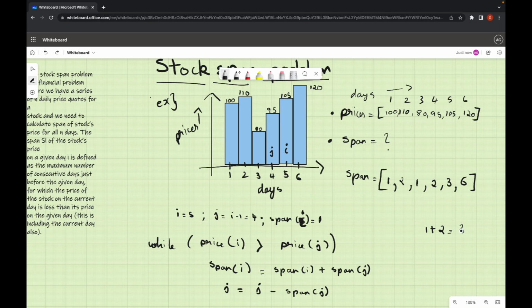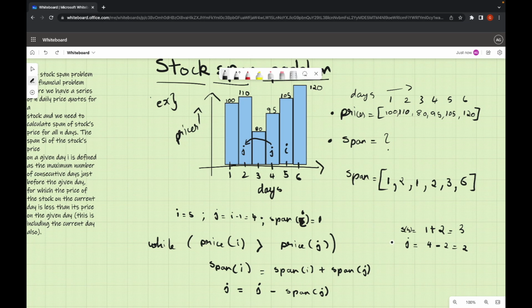So you get 3. And you jump your pointer: this is your span of 5 after the first iteration, and your j becomes 4 minus span of j, which is 2. Your j jumps from 4 to 2. This is your new j.